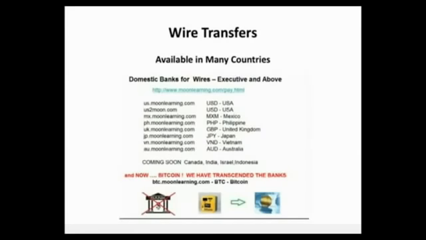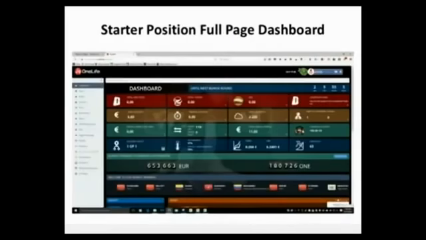Two are shown there in the USA, and also a lot in other countries. So we really want to get to the next slide, which is very interesting. This is a picture of a full dashboard. So this is equivalent to the bank book. If you look in the upper right-hand area by that circle, you can see this is a starter position for my friend Meredy.